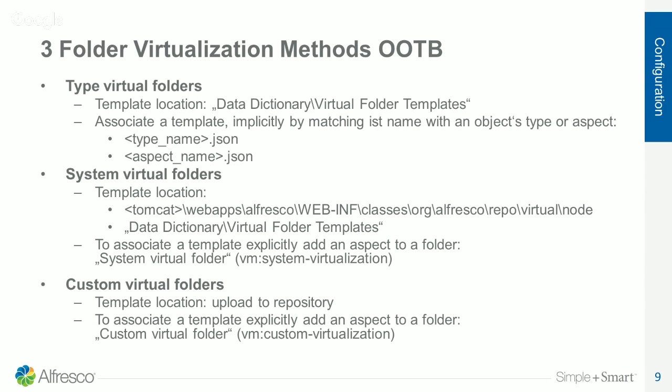And then there's the custom virtual method that's similar to the system virtual method, with the difference that the template is located somewhere in the repository, and you could choose in a dialog where the template is located.